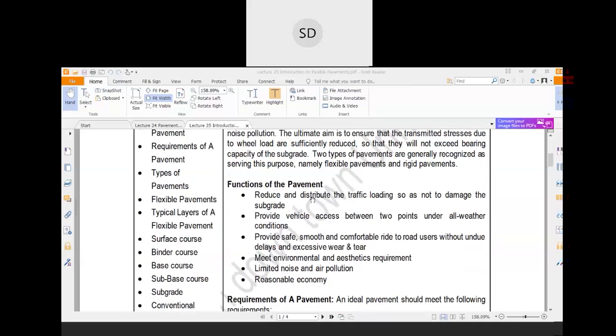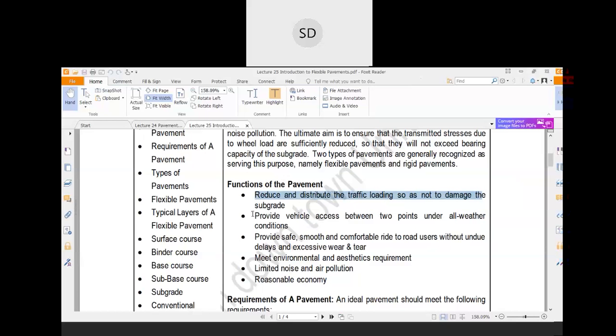Now, there are different functions of the pavement. First one is to reduce and distribute the traffic loading so as not to damage the subgrade, and to provide vehicle access between two points under all weather conditions.